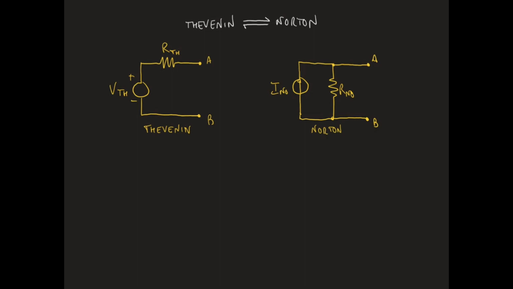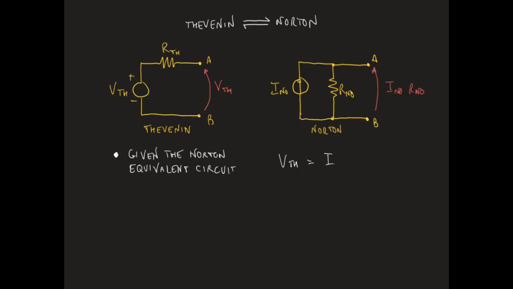So suppose that we know the Norton current source and the Norton resistance, which means suppose that we have found the Norton equivalent circuit. By making the open circuit voltage in the two circuits equal, we get that V_TH, the Thevenin voltage, is equal to I_NO times R_NO.